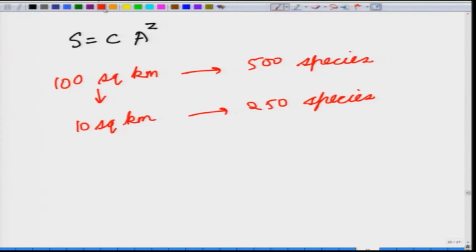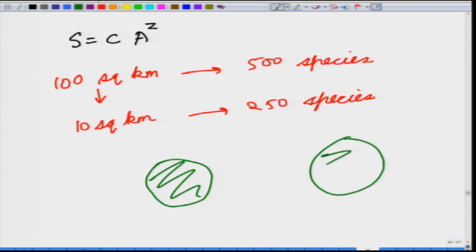Now, this island biogeography model is very apt in this situation, because forests are actually in the form of islands these days. So, you will have a patch of forest, you will have another patch of forest, and these forests are surrounded by human dominated landscapes.